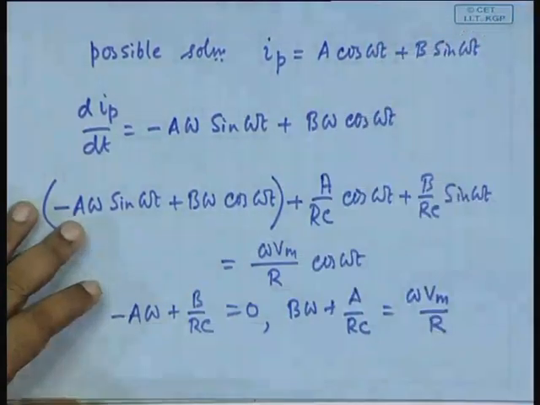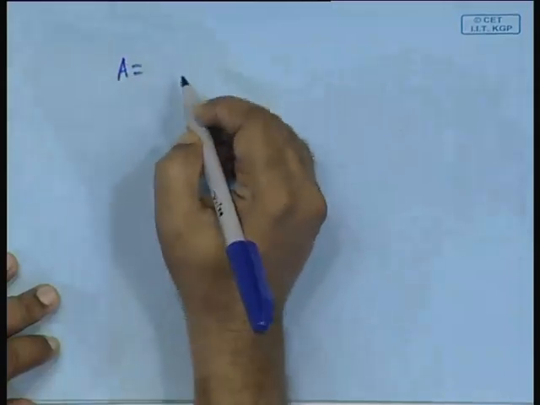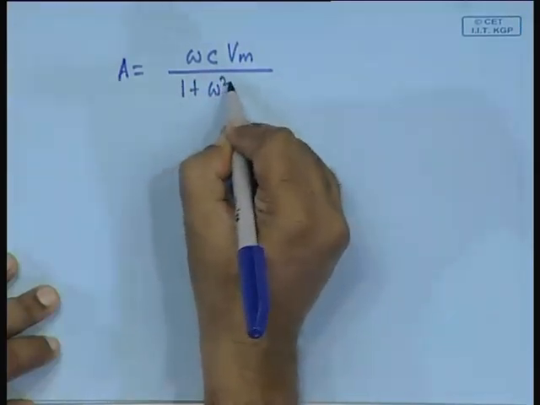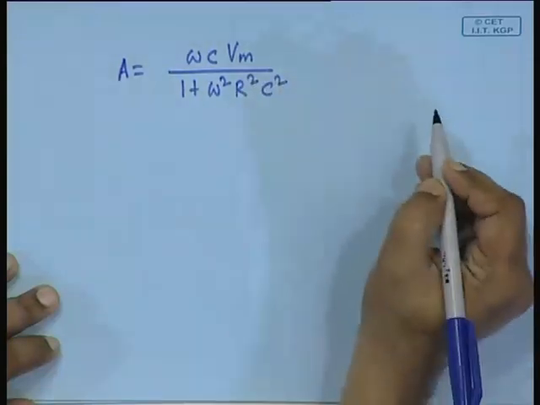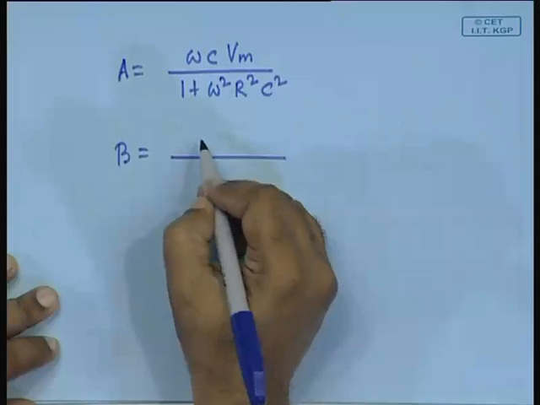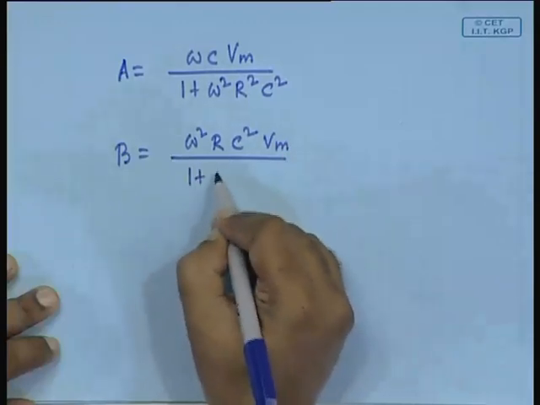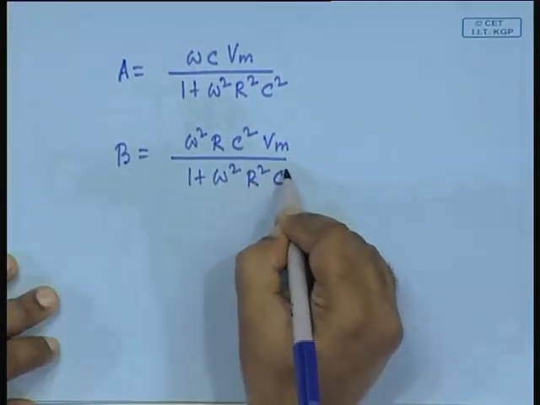So, from here just obtain the values of A and B. They will turn out to be, just check, A is equal to omega C Vm by 1 plus omega square R square C square, and B is equal to omega square R C square Vm by 1 plus omega square R square C square.